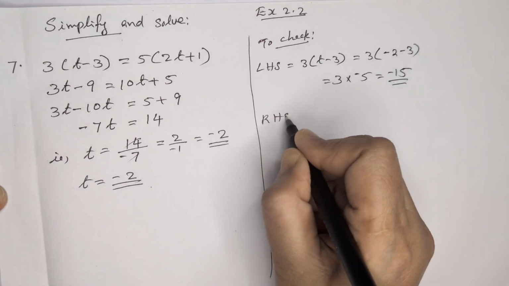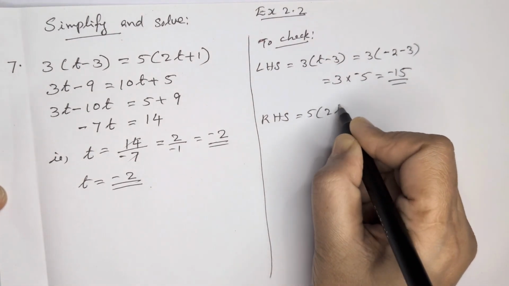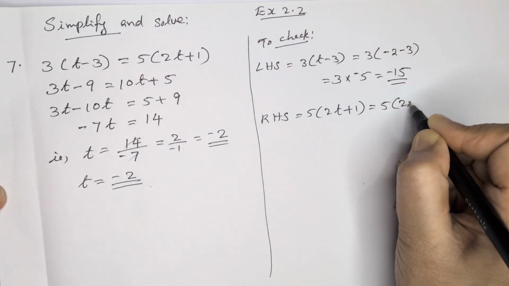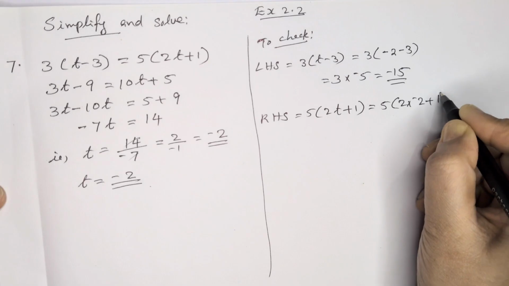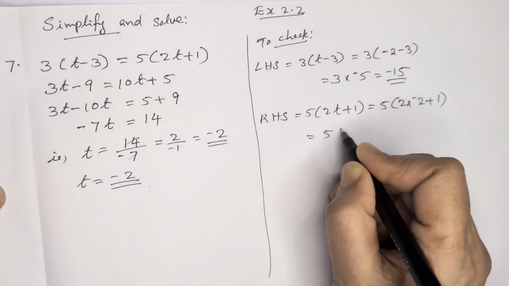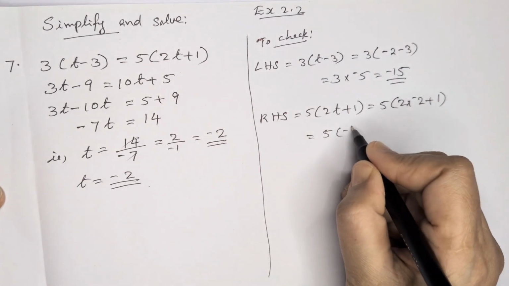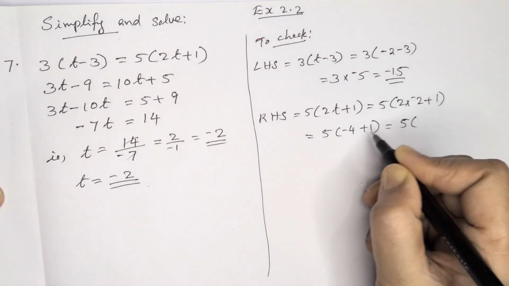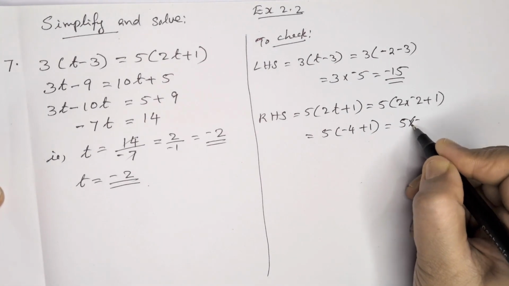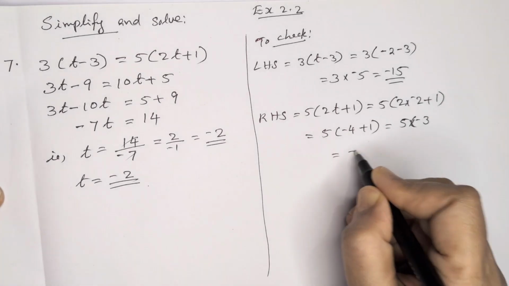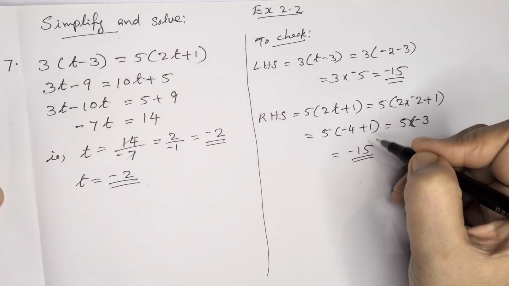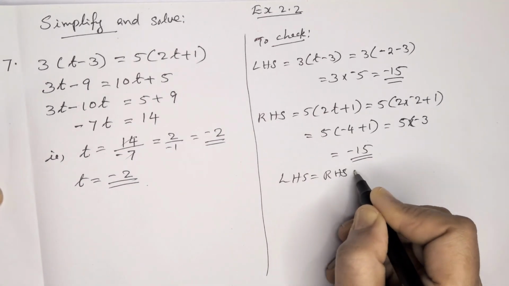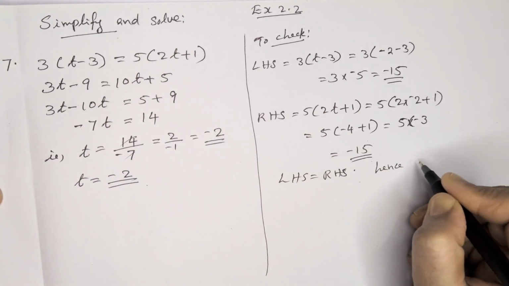RHS: 5 into 2t plus 1 is equal to 5 into 2 into minus 2 plus 1, is equal to 5 into minus 4 plus 1, minus 3, is equal to minus 15. Both the answers are the same. So LHS is equal to RHS. Hence verified.